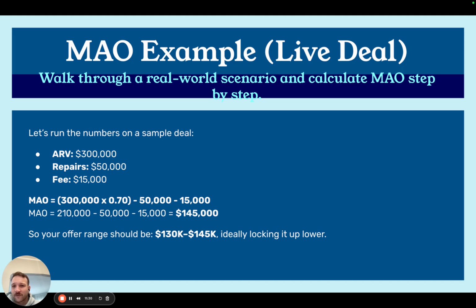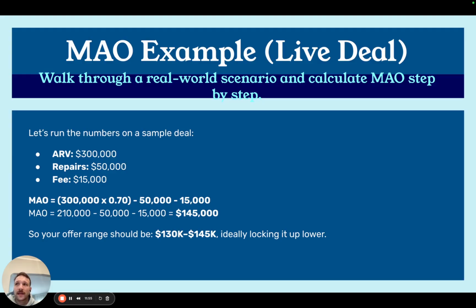On a deal like this, if we feel confident we can move this at 145, we might offer 101, 105. It really depends on the seller and what they're looking to get. But sorry, let me rephrase that. It doesn't so much depend on the seller and what they're looking to get. Our goal again is to make as much profit as possible on these deals and have as large a spread as possible.